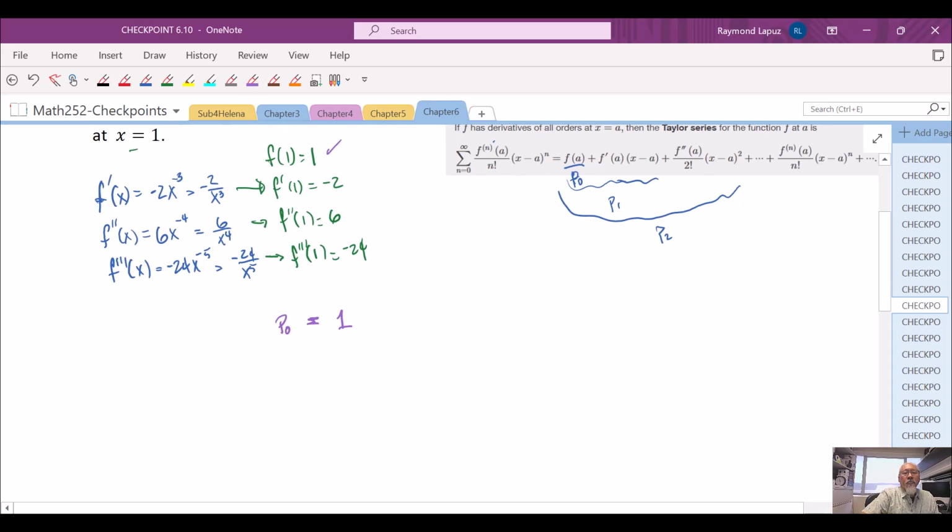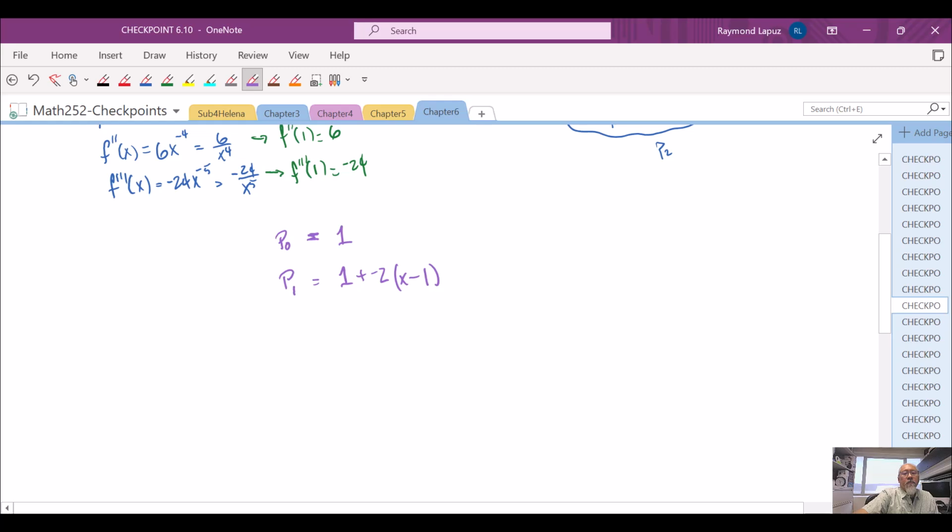Then p sub 1 is going to be the constant term plus f prime at 1, which is negative 2, times x minus a, where a is equal to 1, so that's x minus 1.